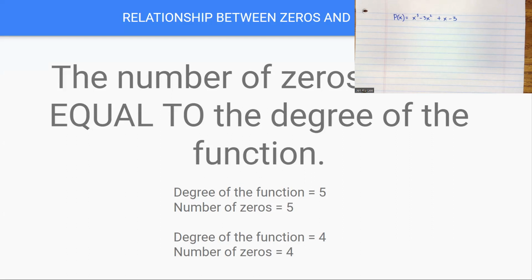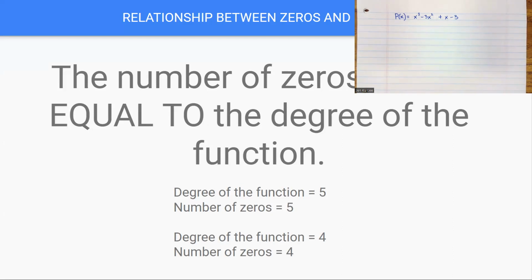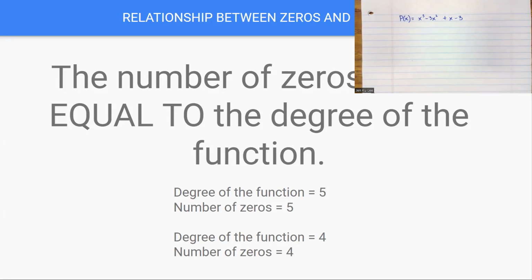If the degree of the function is 4, let's say x to the 4th is your highest exponent, then the number of zeros you have is 4. So that's just a quick check of, hey, do I have all the zeros that they're asking for? Just be aware of that theorem.